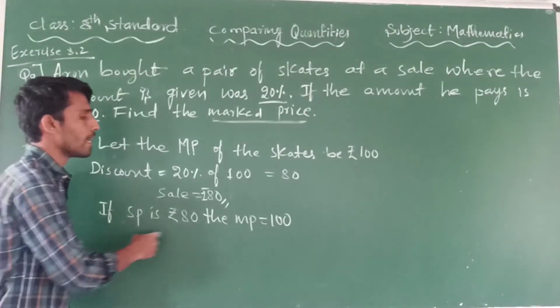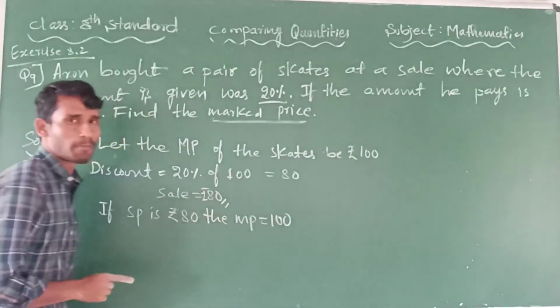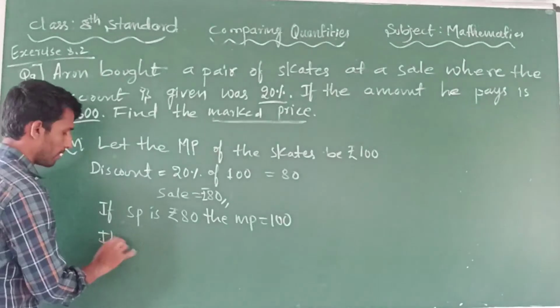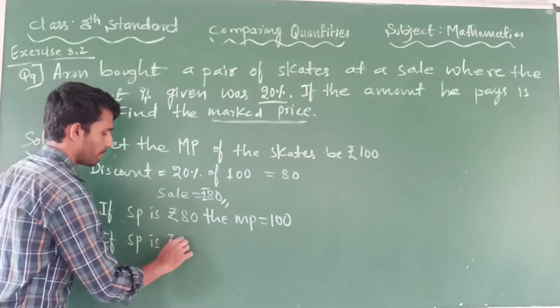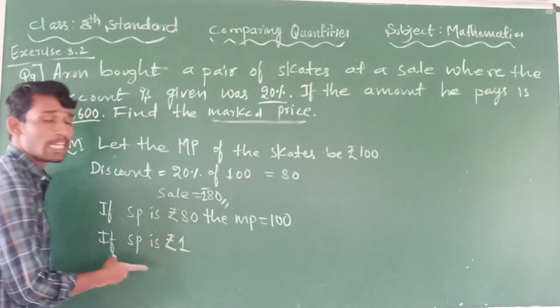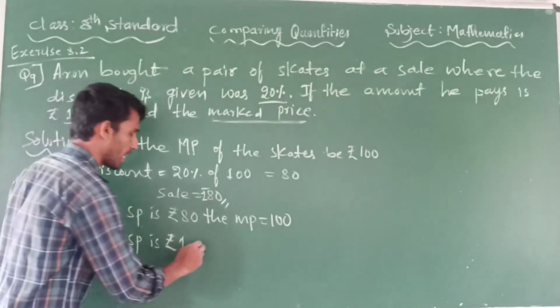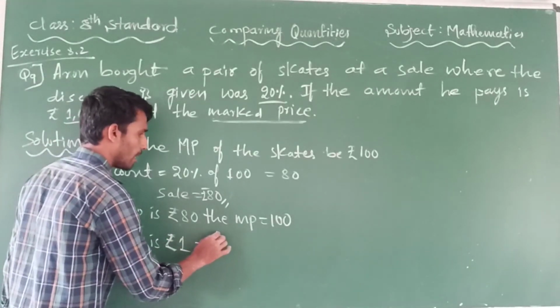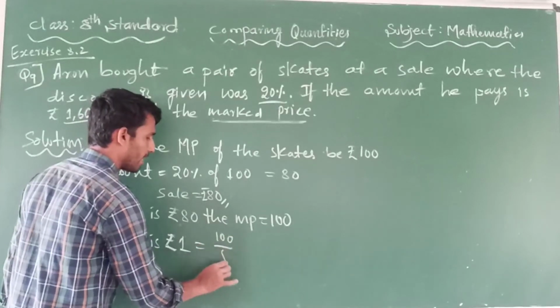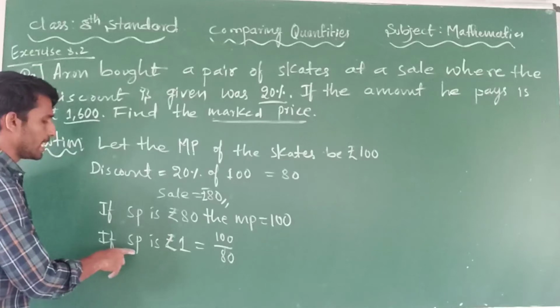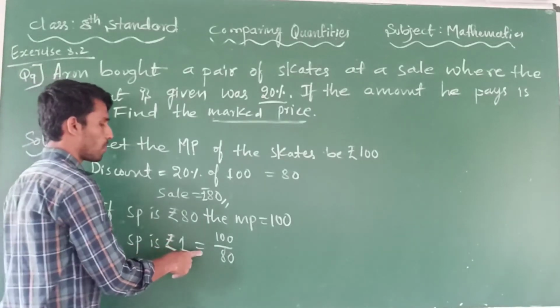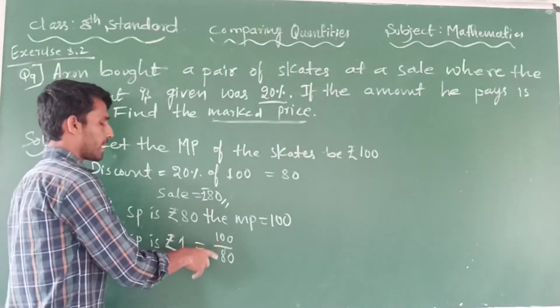Here market price is 100 rupees. Then if selling price is 1 rupee, we can write like this: 100 by 80. If selling price is 1 rupee, we have to divide 100 by 80.